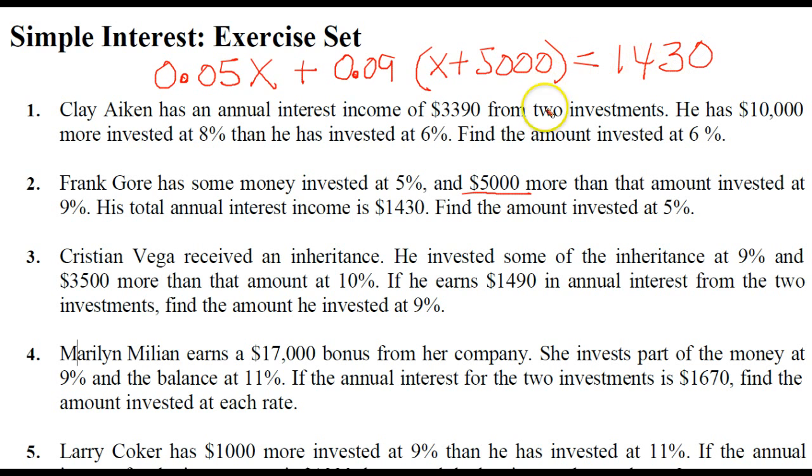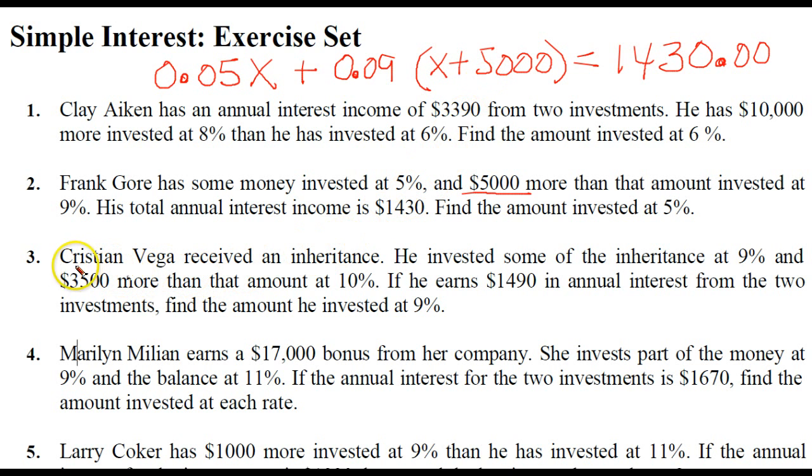Okay. So we don't know how much he had originally. We're calling that X. We know that he had that amount plus 5,000 more invested at this, and the sum of the investments gave him this amount of interest. So this is the formula for number 2. Okay, and again I would get rid of my decimals, add some here, and clear and solve.